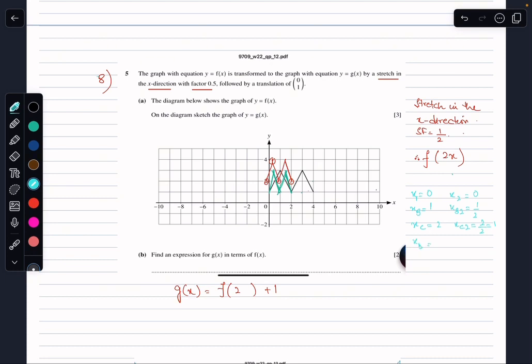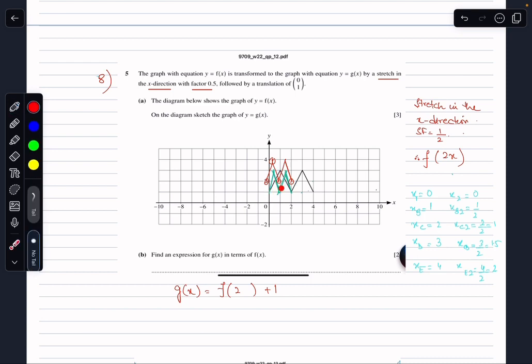The fourth x coordinate is 3, and the transformed x coordinate should be 3 by 2, giving you 1.5, and the final x coordinate that I can see here is 4. So this should be transformed to 4 divided by 2, giving you a 2. So I can see that all these values, 0 remains 0.